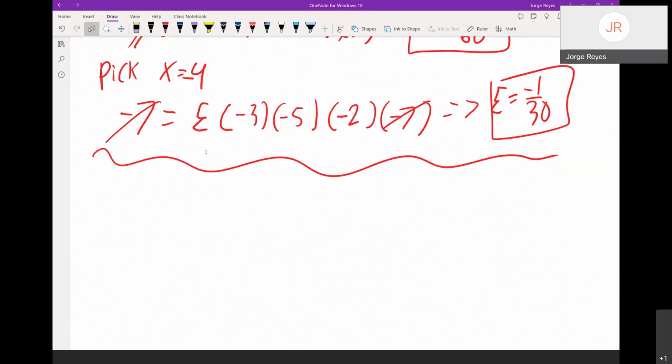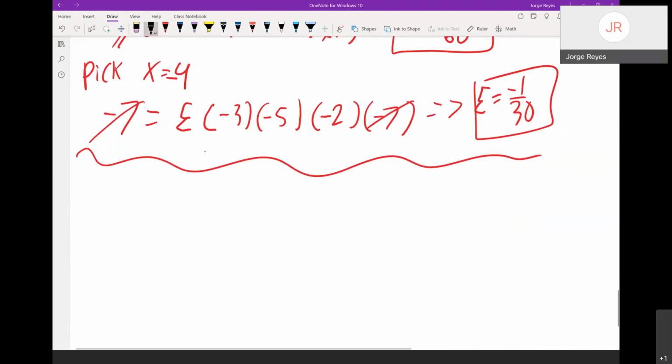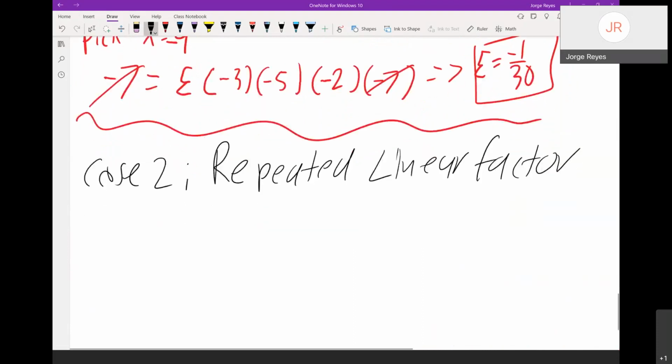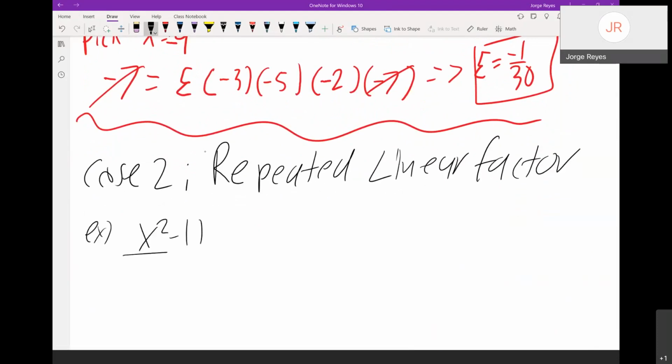Okay. So case 2 is when we have repeated linear factors. So this one is less easy, okay? So this means we have something like this. Okay, so here's an example. X squared plus 1 over x times x minus 1 squared.